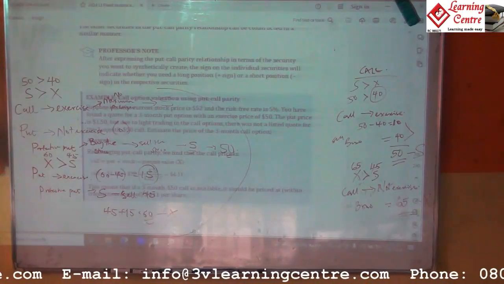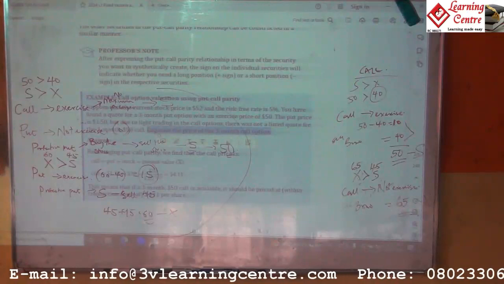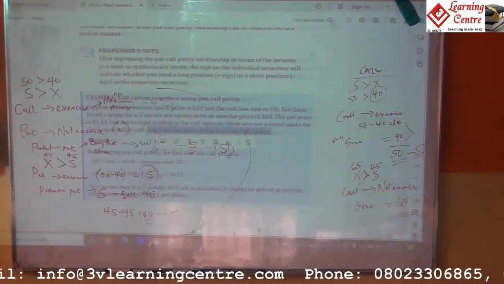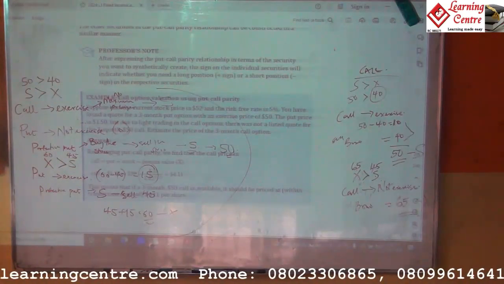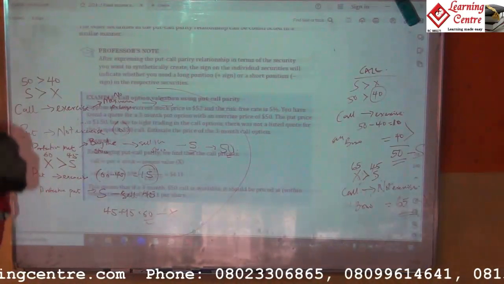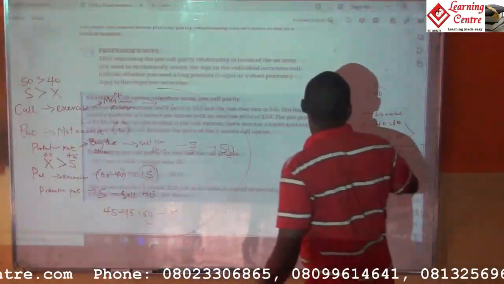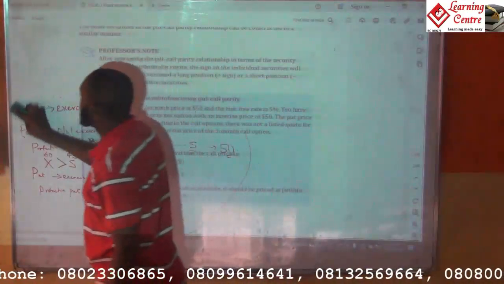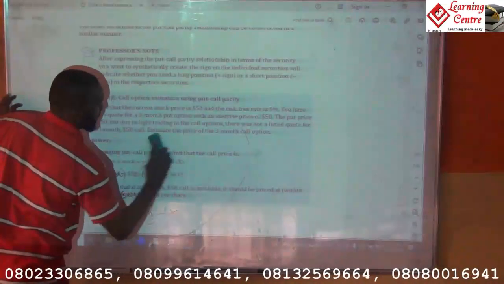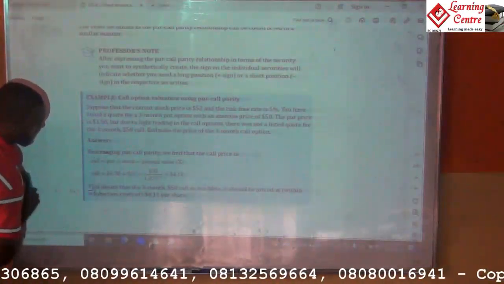Estimate the price of the 3-month call option. So in this question, we are asked to calculate the call option, but we are only given the put and the other inputs.